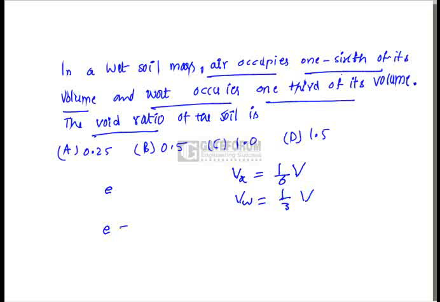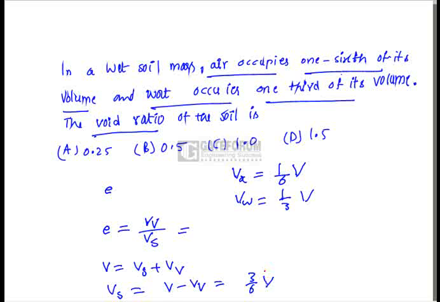We know void ratio is equal to volume of voids by volume of solids. Total volume is equal to volume of solids plus volume of voids. Volume of solids is equal to total volume minus volume of voids. So we can find out volume of solids is 3/6 of total volume.